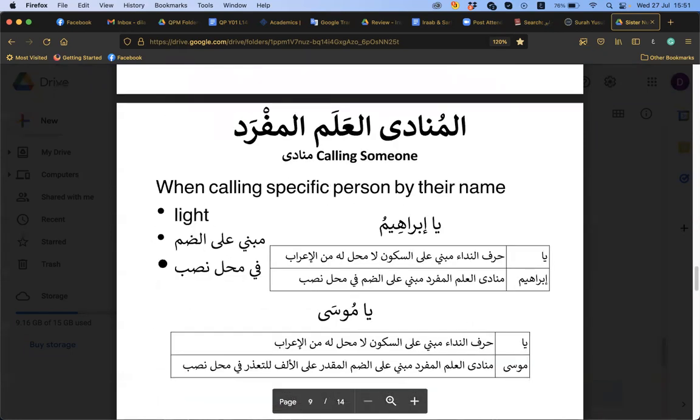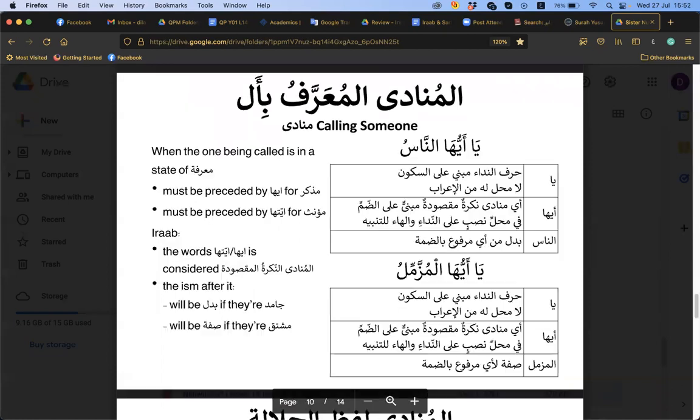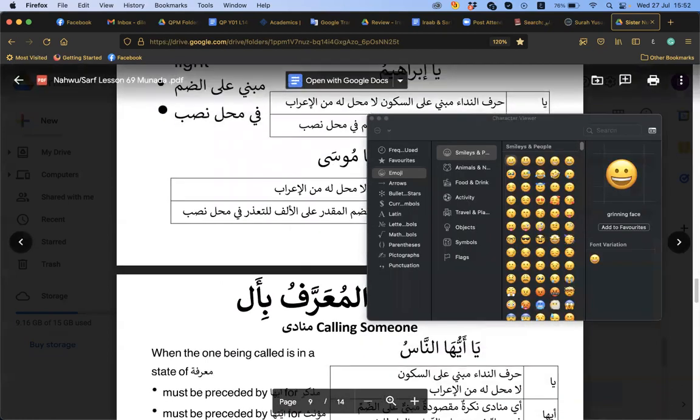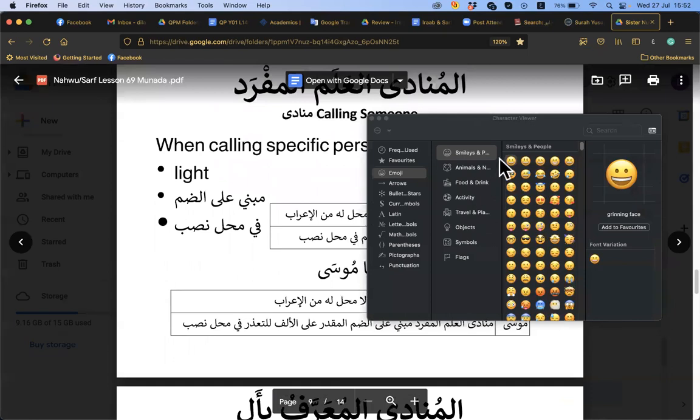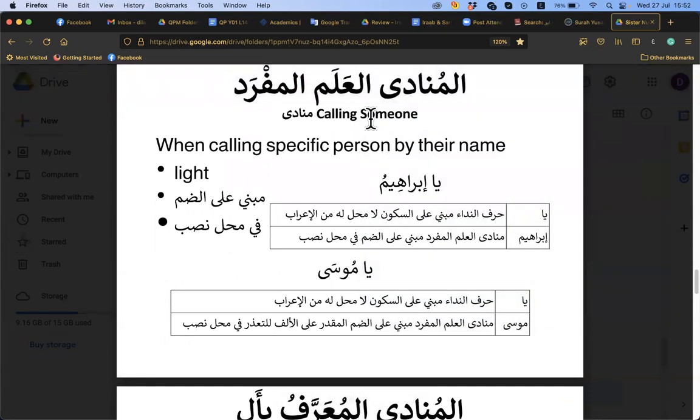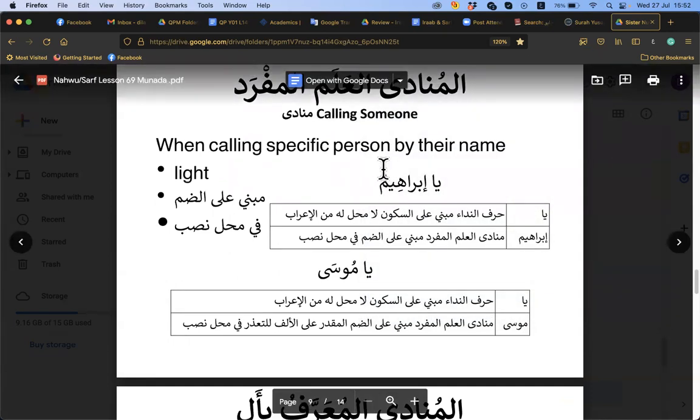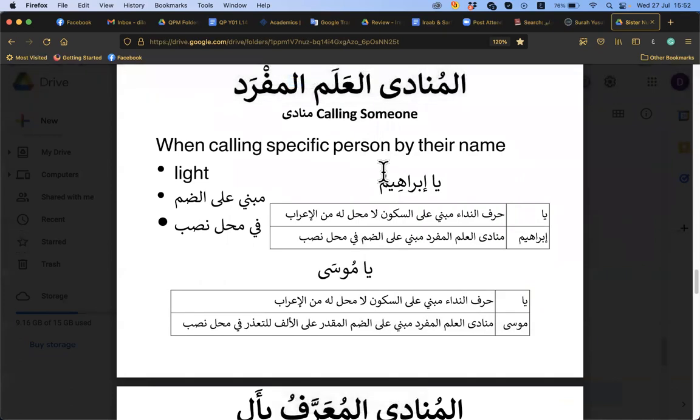In this case, Munada is the one being called, so that's why it's an object and that's why it's mansub. Even though we have a dhamma, it's not marfu. This is actually mabni ala dham and then fi mahali nasab because it is who you're calling. It's a maf'ul basically.